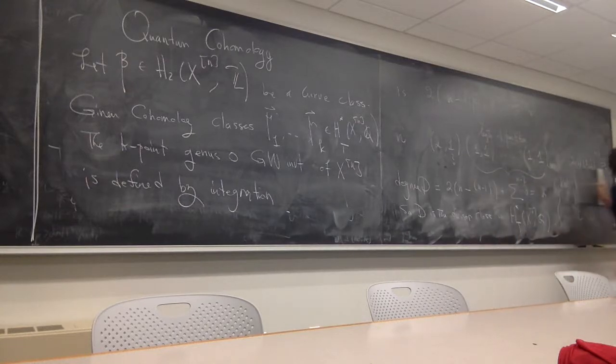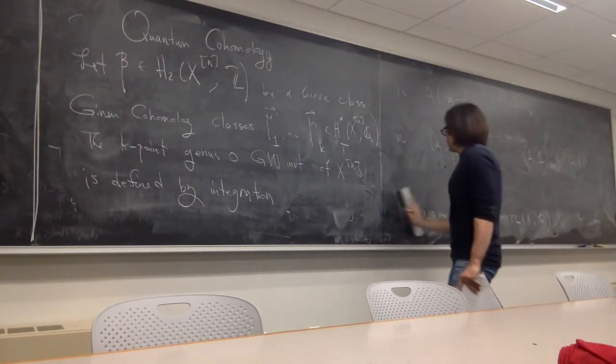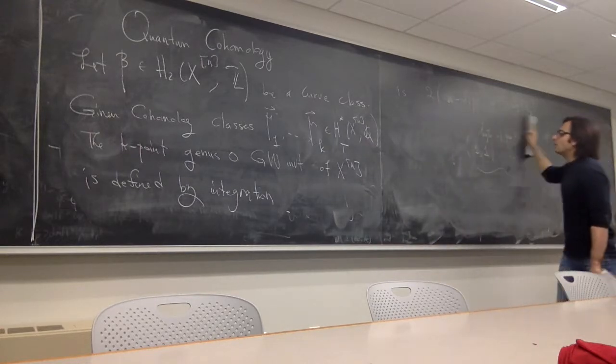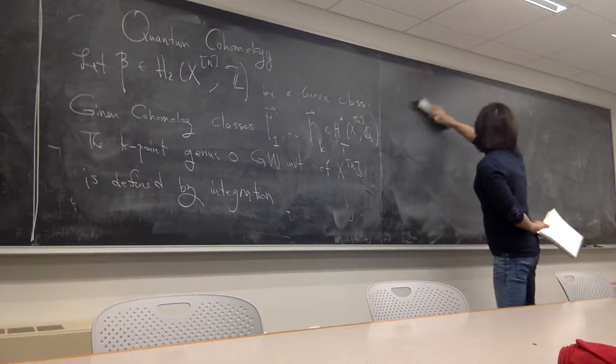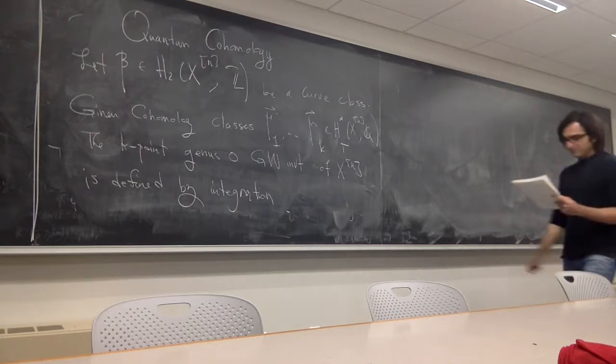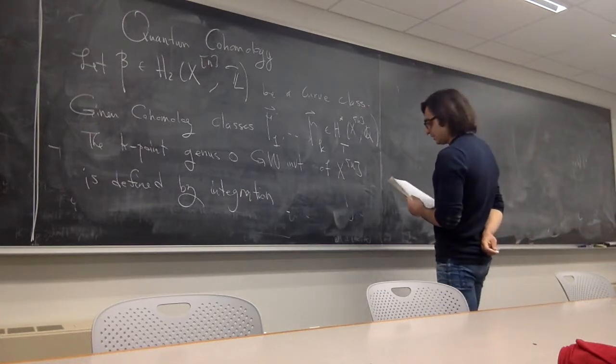So the same story as before, except this time our ambient variety, our target variety, is the Hilbert scheme of n points on this surface.